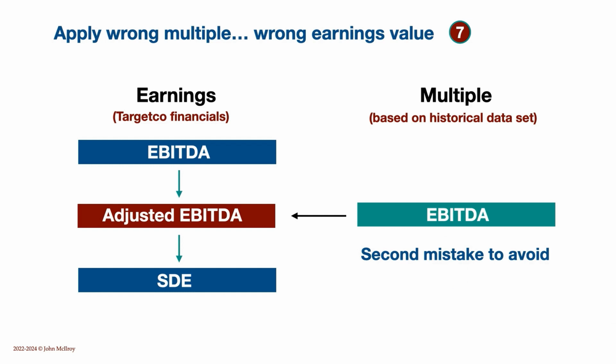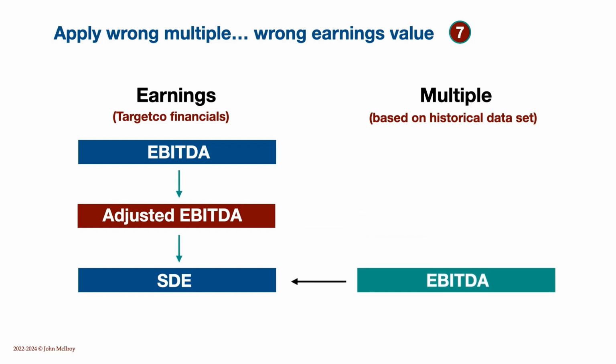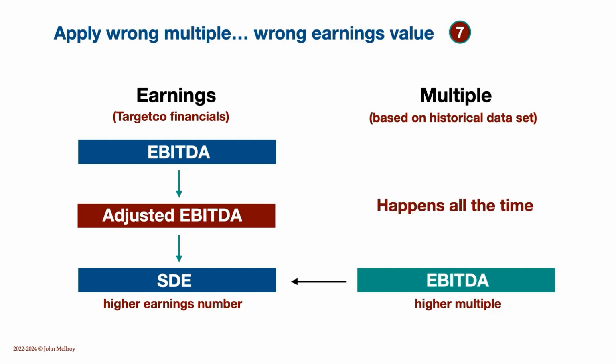The second mistake might be the more serious one, and that is people are applying the EBITDA multiple to SDE. Remember, the EBITDA multiple is the higher multiple, but SDE is the higher earnings number. So this kind of mix and matching is a great way to overvalue the business, but it does happen all the time. I'd say it's even a favorite broker trick.